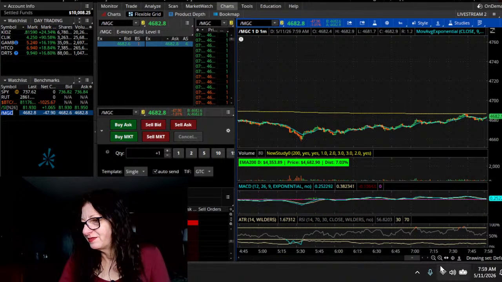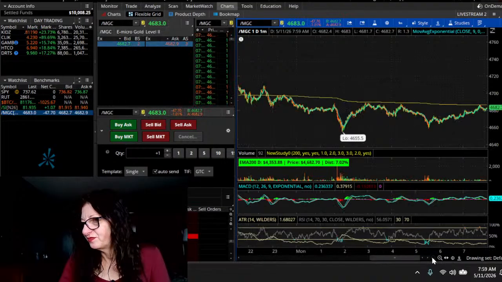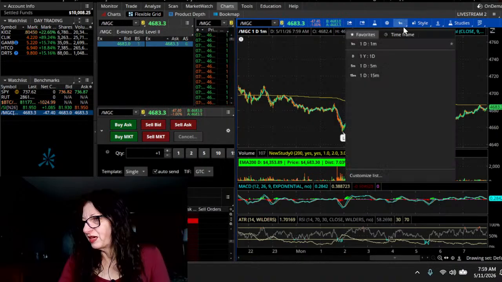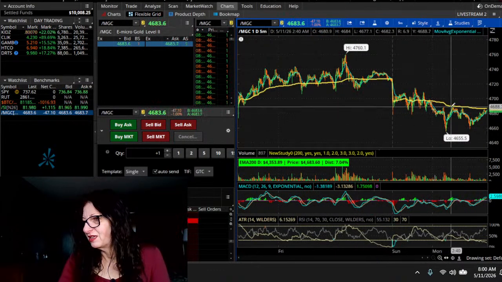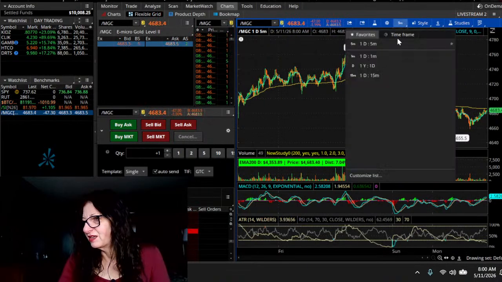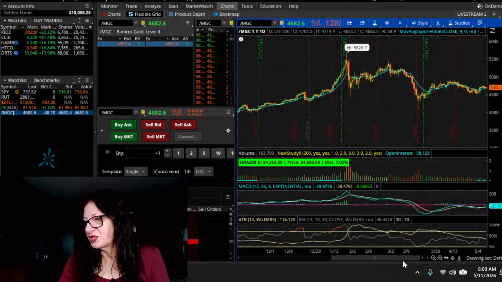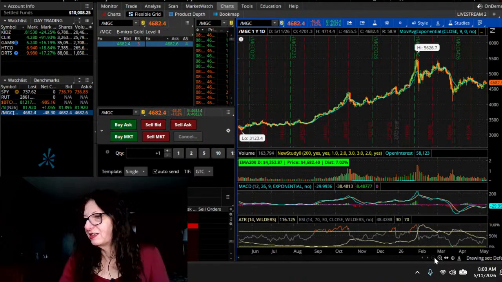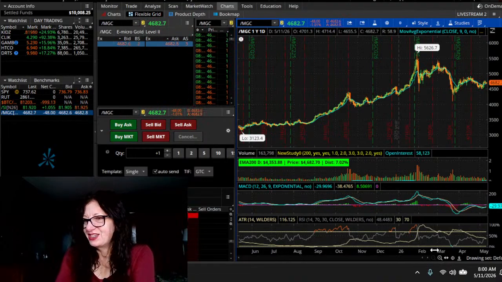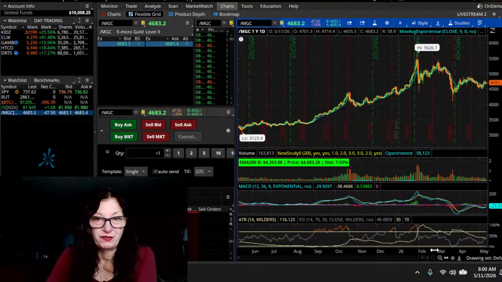Huh. Look at gold below VWAP. Okay, I'm going to look at gold in the 5-minute. Huh, interesting. Let's look at the daily. So I invest in precious metals for the long term, but I'm interested in maybe getting into gold futures, scalping gold futures.